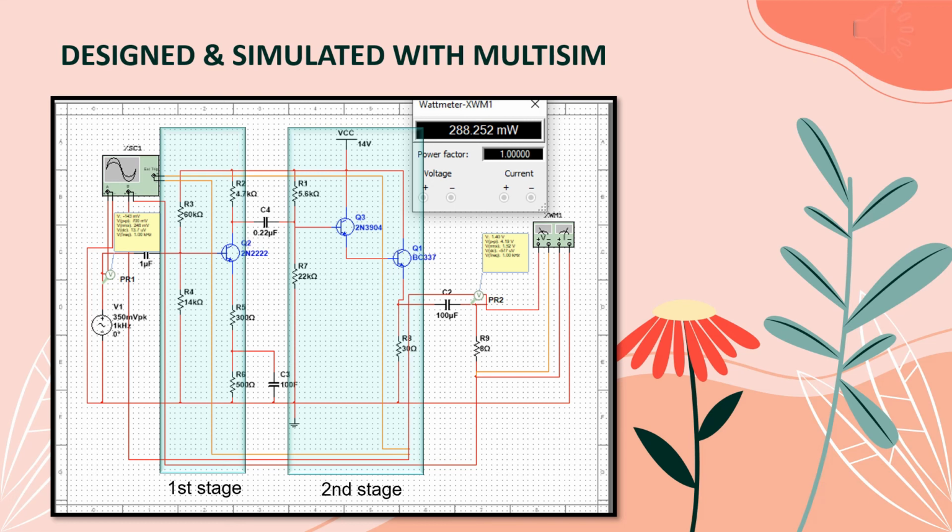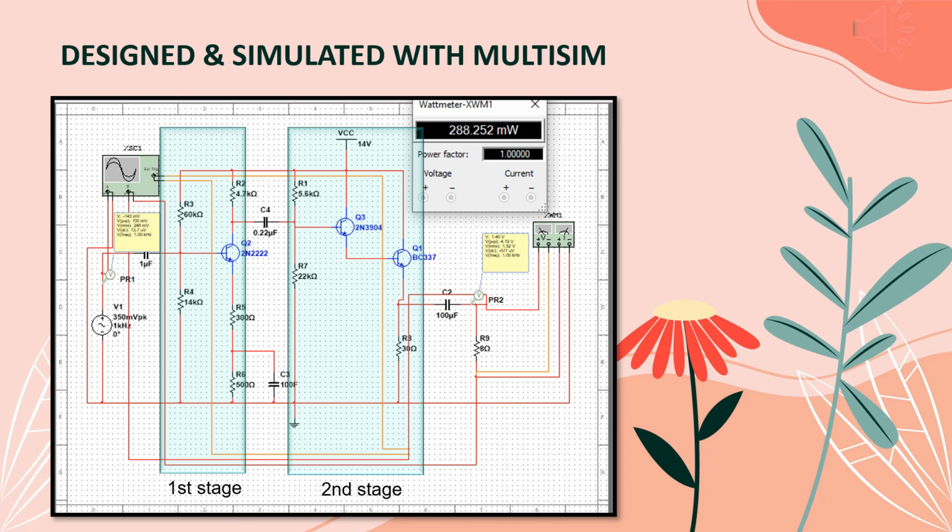That is the reason that Q1 is chosen to be at the output of the second stage, because it can handle more current than the 2N3904 transistor, which would instantly melt.